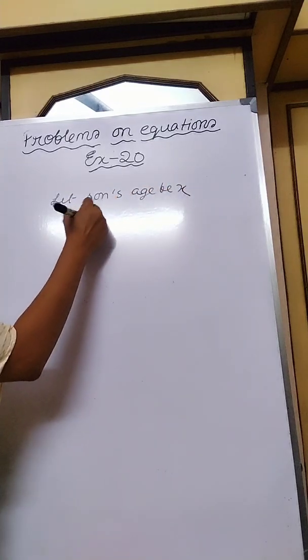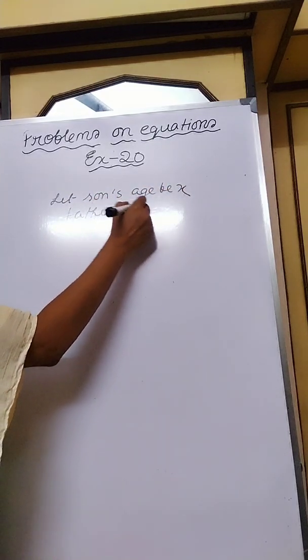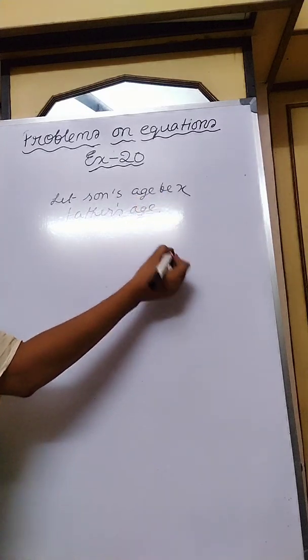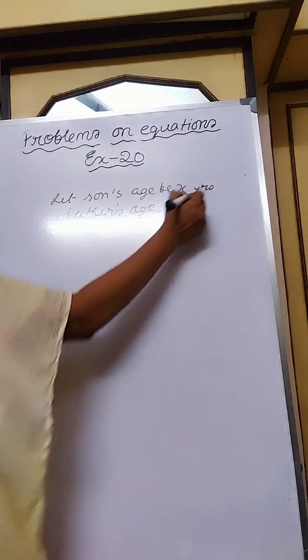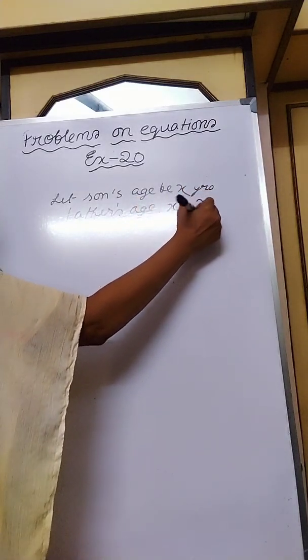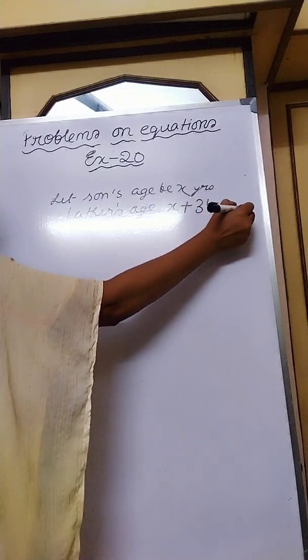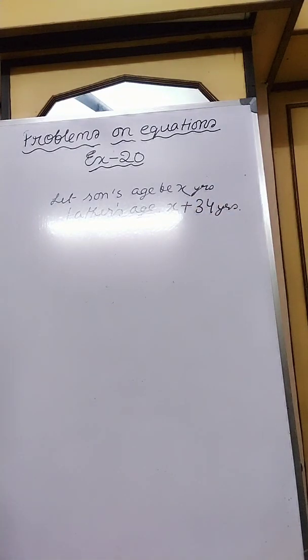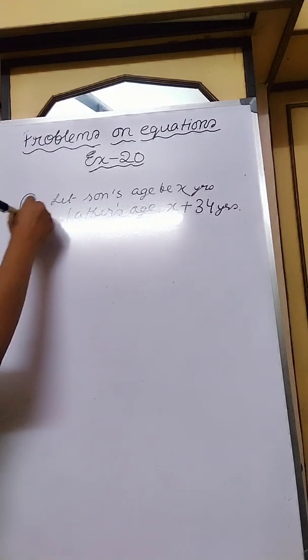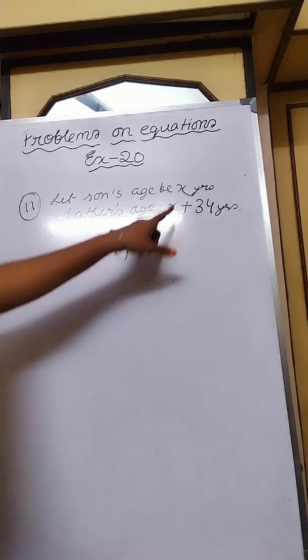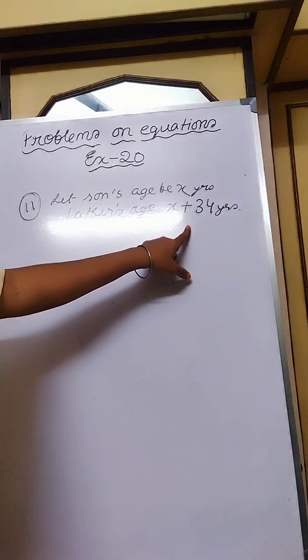Therefore father's age is 34 years more, so father's age will be x plus 34 years. This is given in sum number 11. So this is son's age and this is father's age.